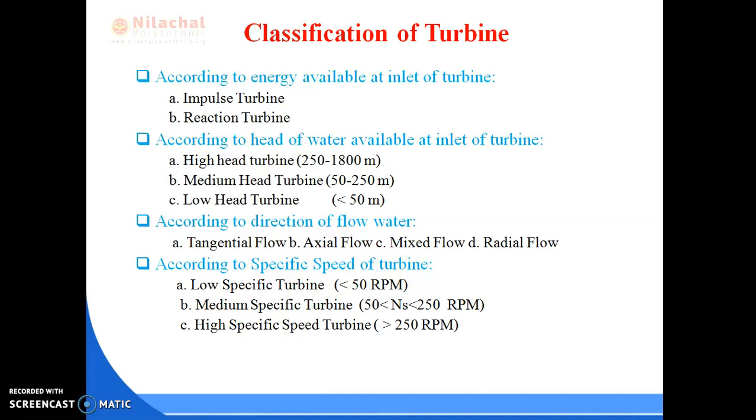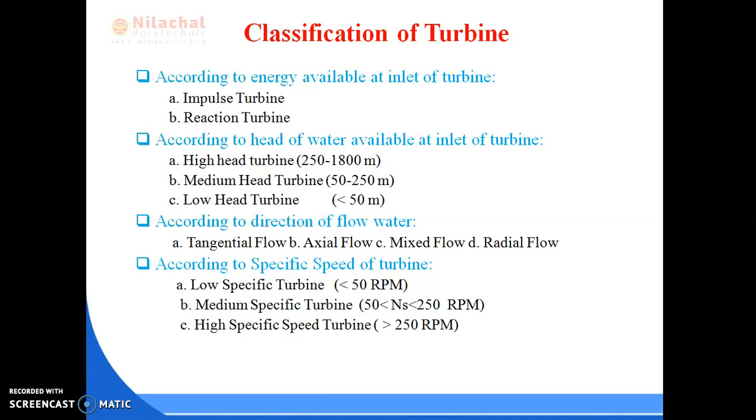Next, according to the head: high head turbine, medium head turbine and low head turbine. High head turbine means what? The dam of the turbine unit is at a height of 250 to 1800 meter.